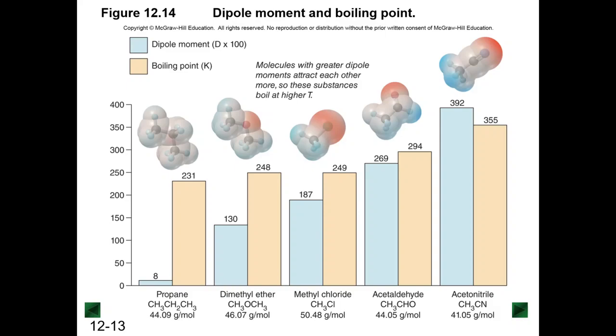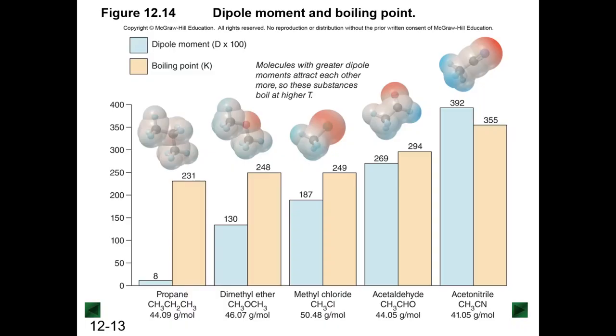So what we see here then is an illustration of the effect of this dipole moment. This is the dipole-dipole force on the boiling point of various liquids. Here's a series of substances, all with similar molecular weights, going from propane on the left to dimethyl ether, methyl chloride, acetaldehyde, and acetonitrile.